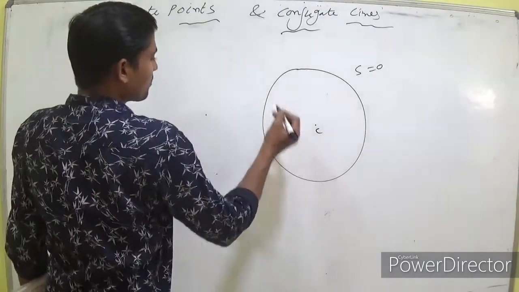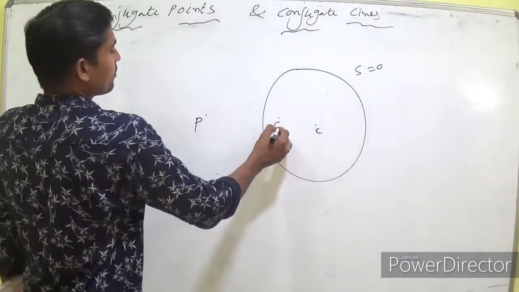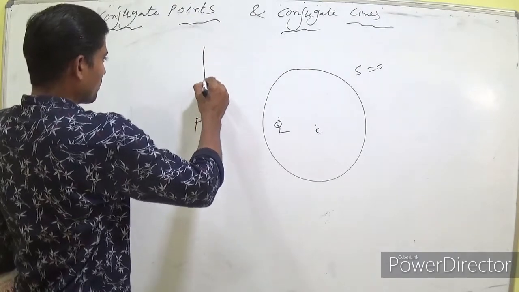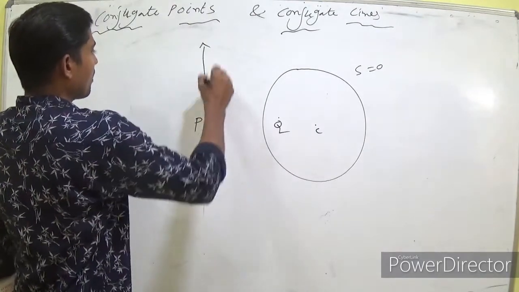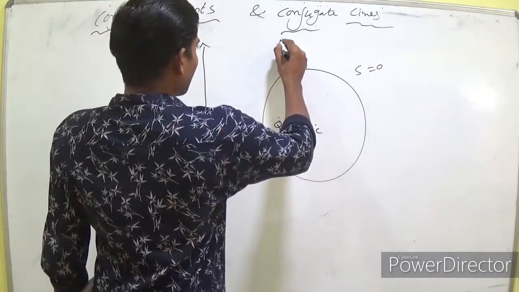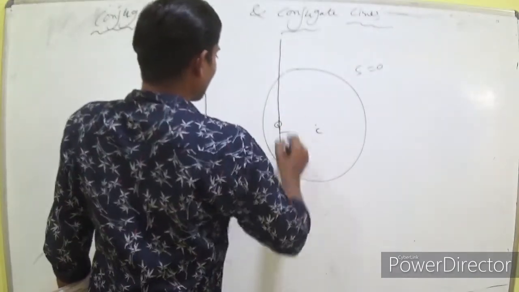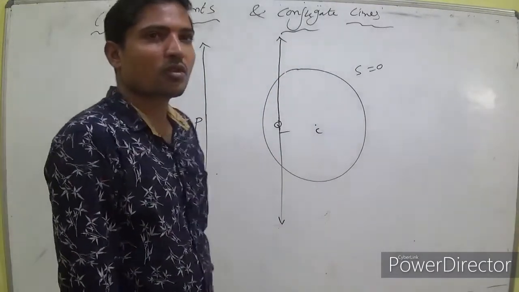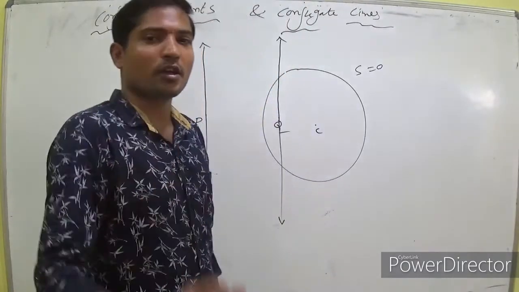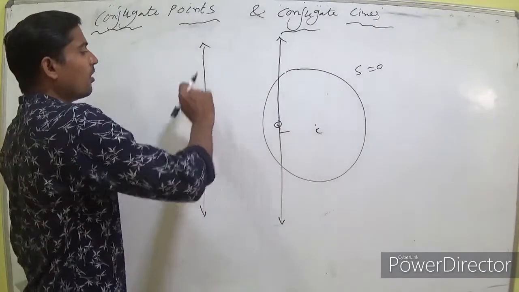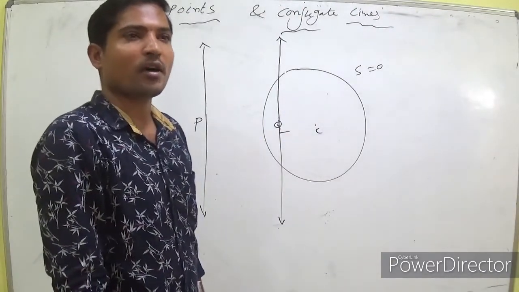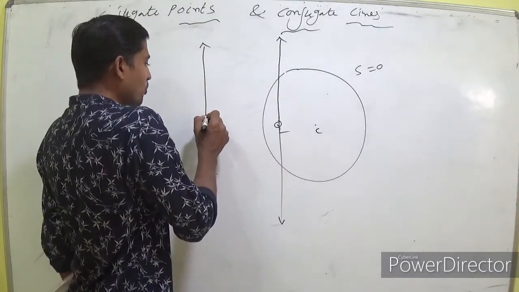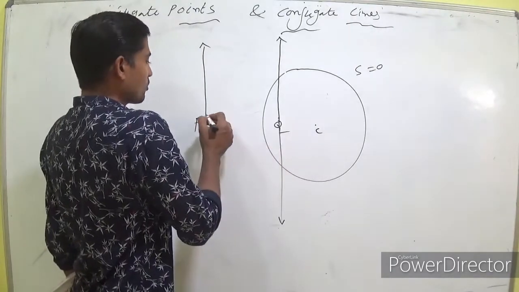Suppose this is a point, this is one more point, suppose P, suppose Q. Then this is a polar of P and this is the polar of Q. Then 2 points P and Q, polar of either passes through the other.